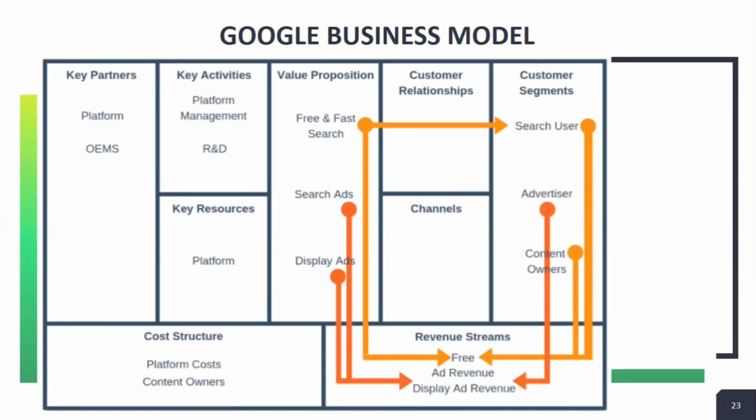Google's key resources are its search platform, including google.com, AdSense for content owners, and AdWords for advertisers. The key activities that Google must perform are managing the existing platform, including its infrastructure.